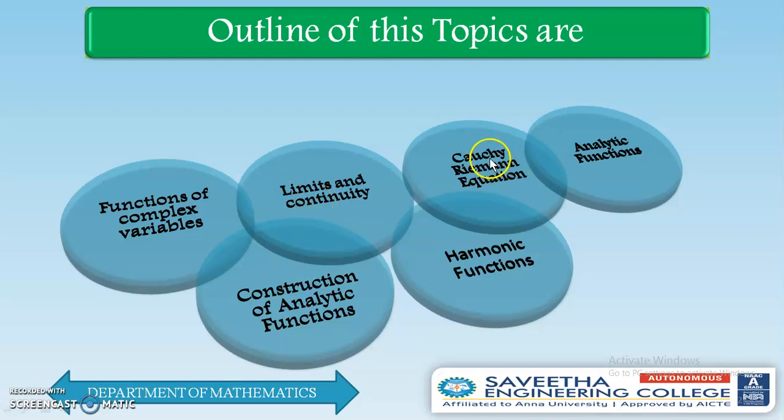Next, what are CR equations? CR equations are based on derivatives. That means ux equal to vy and uy equal to minus vx. If these two are satisfied, the given function is differentiable, and similarly we can say it is an analytic function. What is differentiable?